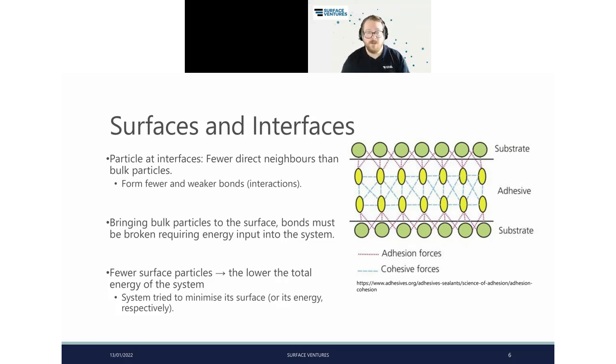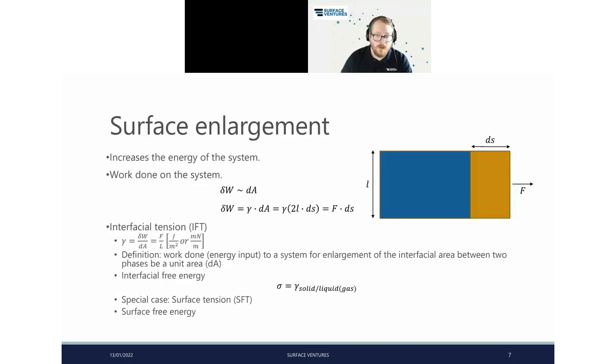We'll talk a little bit more about surface energy and its definition in a few slides, and about some of the thermodynamics of this. Effectively, your systems want to minimize surface energy. We can think of this in terms of surface enlargement.